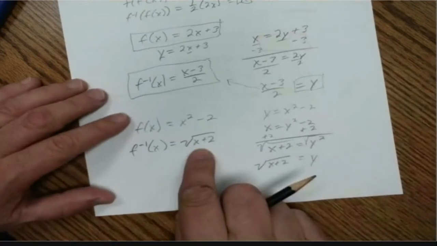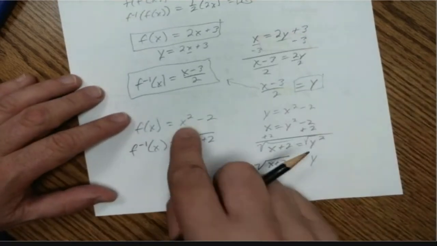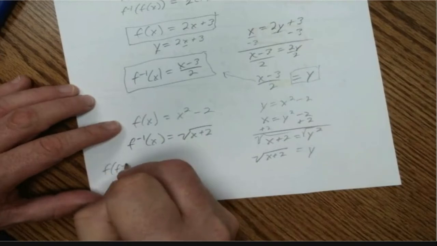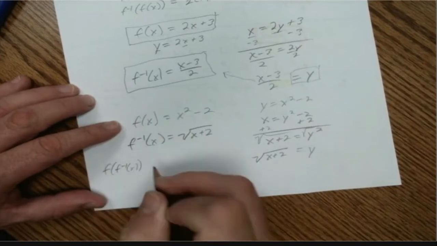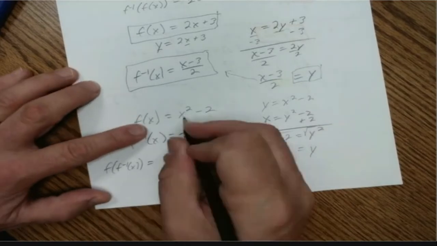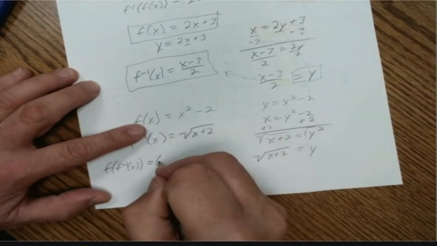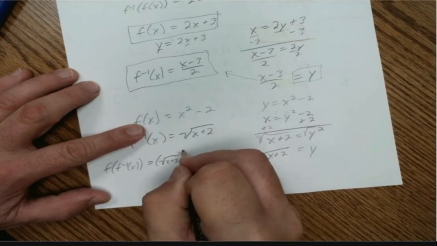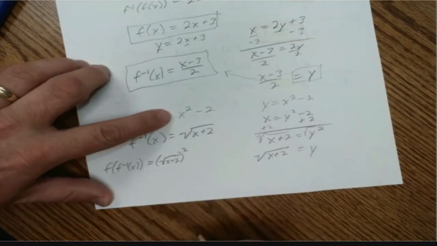Let's put this in here. Let's do f of f inverse. And this should end up with just x, right? If they're inverses truly, we should end up with just x. So instead of x, we're going to put this in there: the square root of x plus 2, squared, because we substituted into x, minus 2.